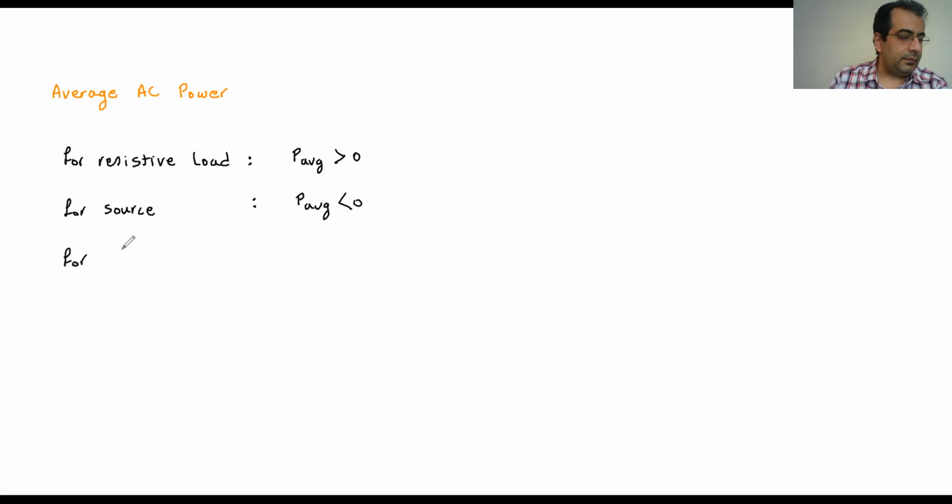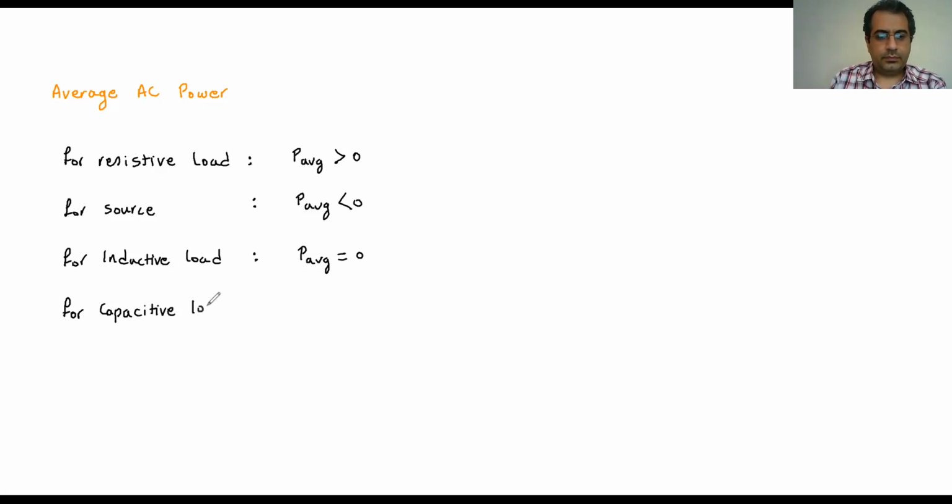For an inductive load, the average is going to be 0. The same for a capacitive load. For the capacitive load, the P average would be 0.